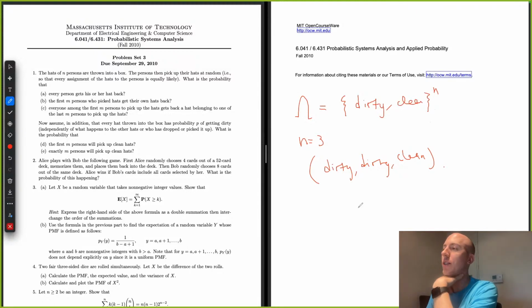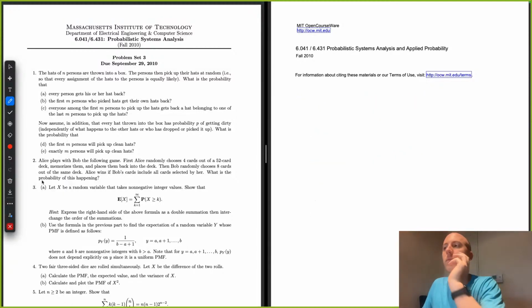Yeah, and so basically, the first M persons will pick up clean hats. So again, if N was 3, these are all the outcomes.